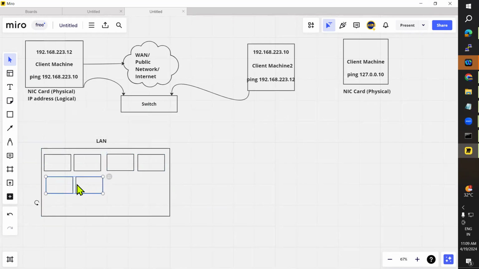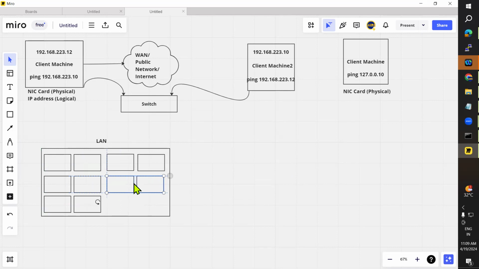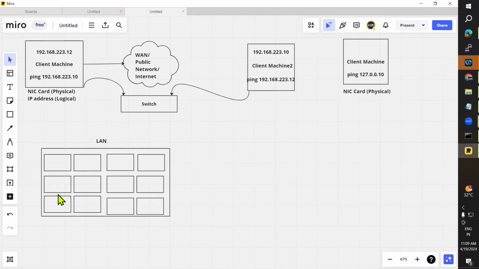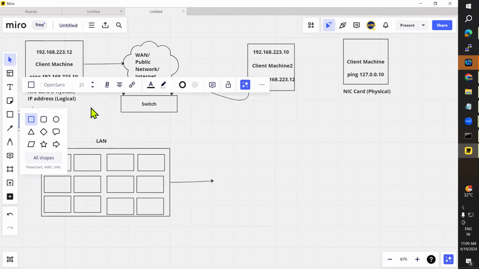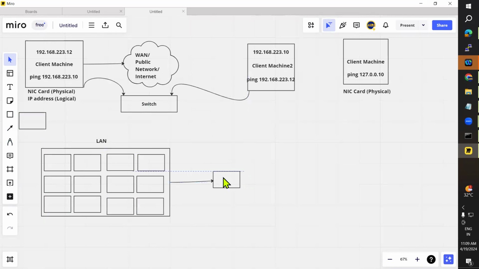In any LAN, we can see hundreds, thousands of computers. Let's assume these are the computers in the LAN. These computers, of course, are connected to a switch. This is a switch.